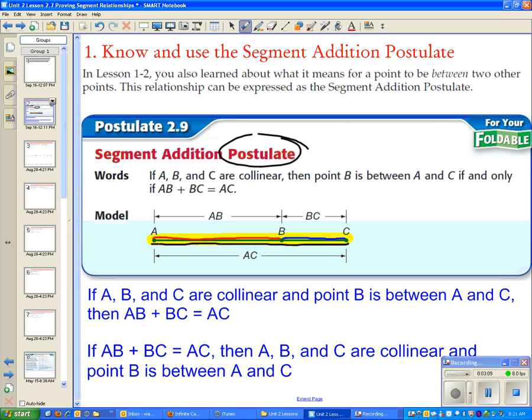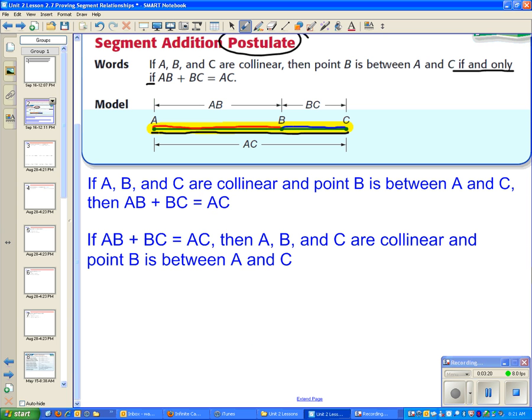Now, I also want to talk about this phrase here, if and only if. We're going to run into that. That's called a biconditional. Whenever you have the phrase if and only if in a sentence, that makes the sentence a biconditional. Now, this won't be on the test, but it's stuff you ought to know, because I'm going to use these terms.